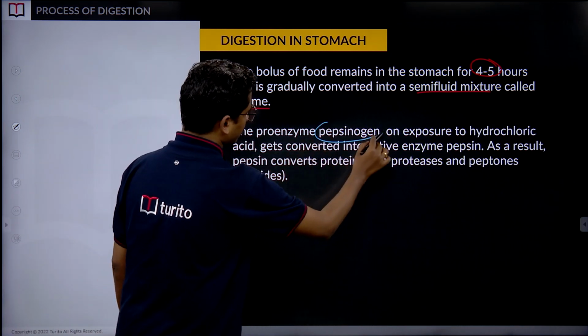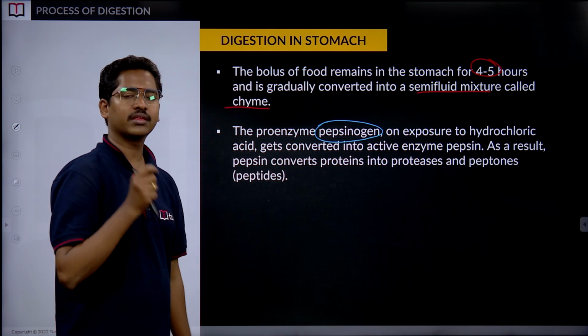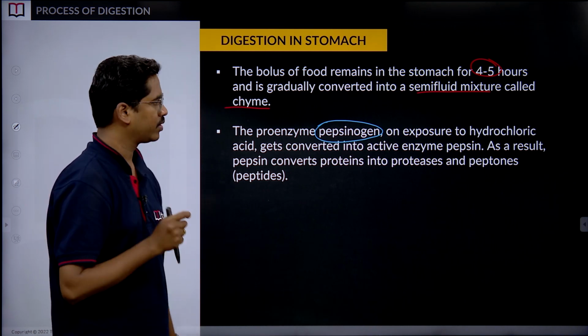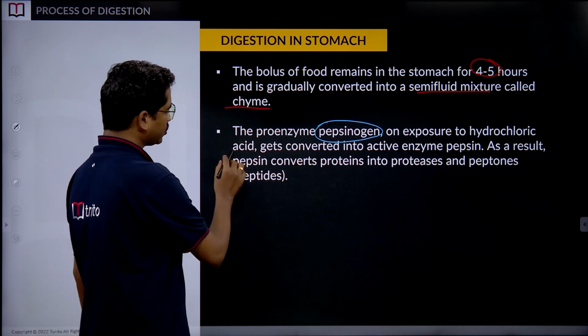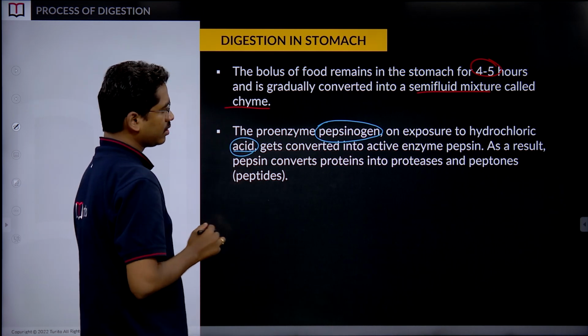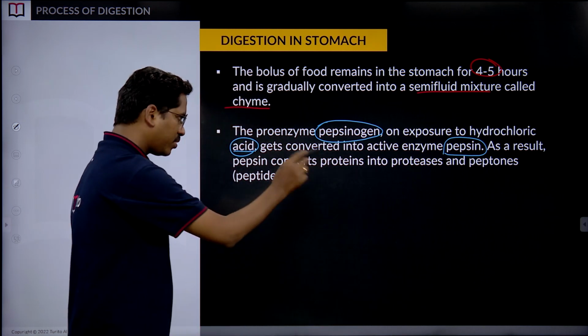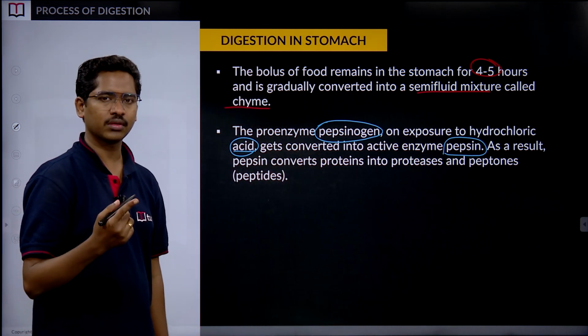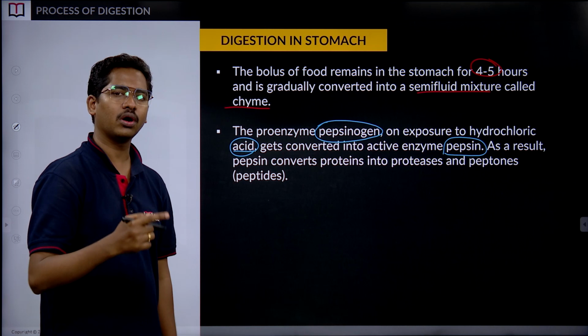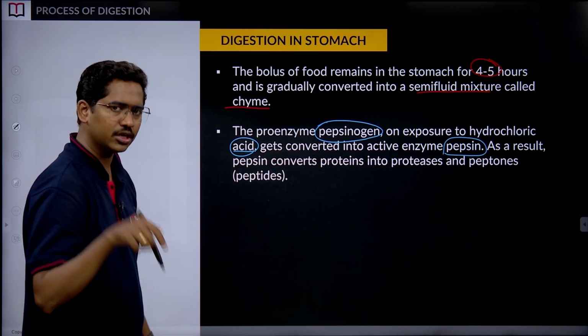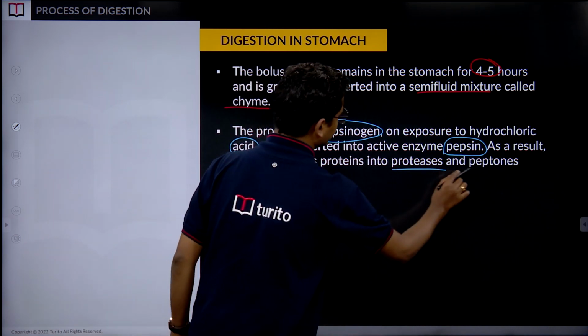So, that is fine, but what else do we have? This pepsinogen is a proenzyme, in the sense it is an inactivated form of an enzyme, okay. When it gets exposed to the acid, that is hydrochloric acid, it turns itself into pepsin. Now, this pepsin, when it acts on the bolus, will try to convert all the proteins in the bolus into proteases and peptones.